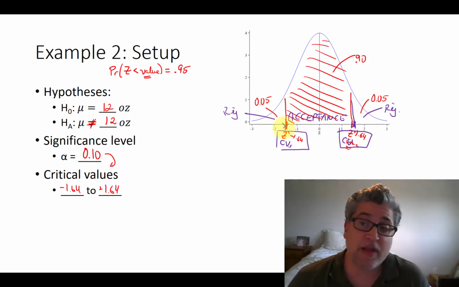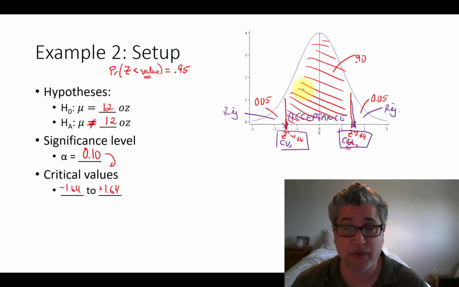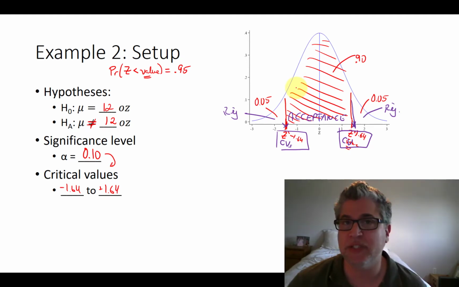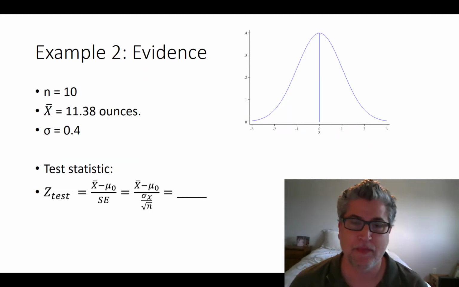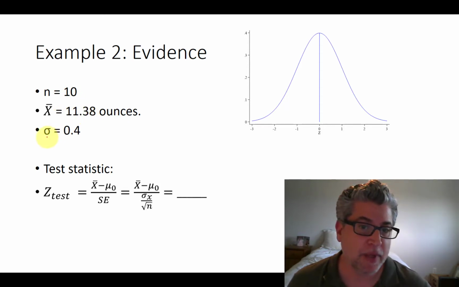So the only thing left to do then is to take a sample of Coke cans and see whether that sample evidence lies in the acceptance region or in one of the two rejection regions. So let's review what our sample evidence says. So here's our sample evidence. We took a sample of 10 cans of Coca-Cola, calculated their average, and got 11.38, and our population standard deviation was 0.4.